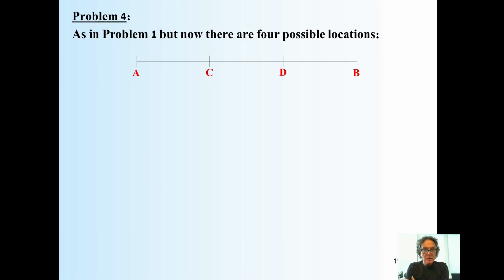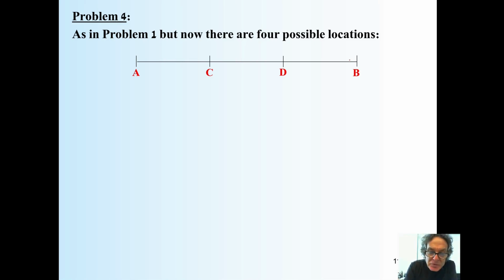Problem 4. As in problem 1, but now there are 4 possible locations. So first of all, A and B will be strictly dominated, but let's see, slowly. So the question here is where to be located. I can locate myself in each one of the 4 positions.